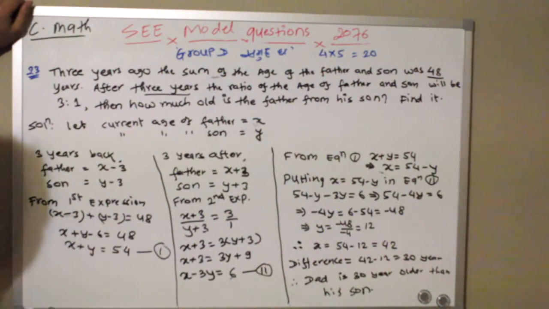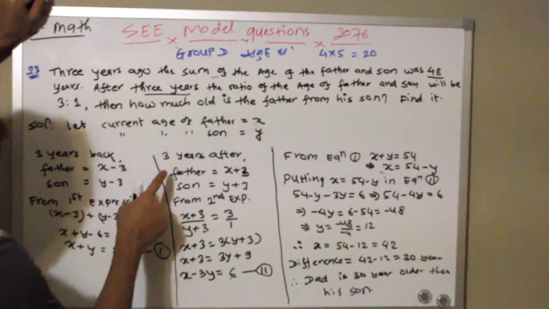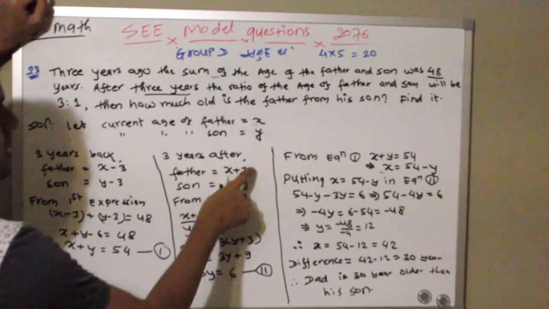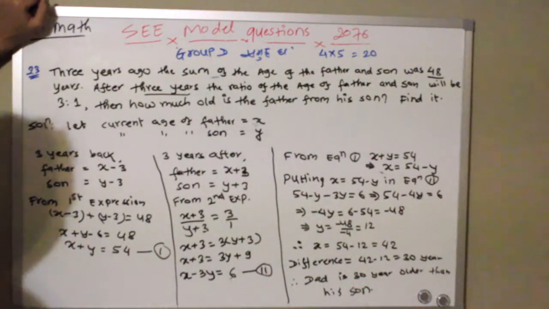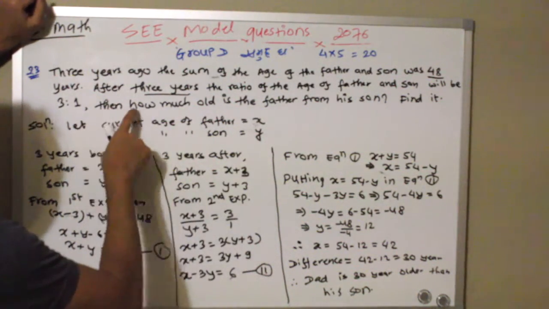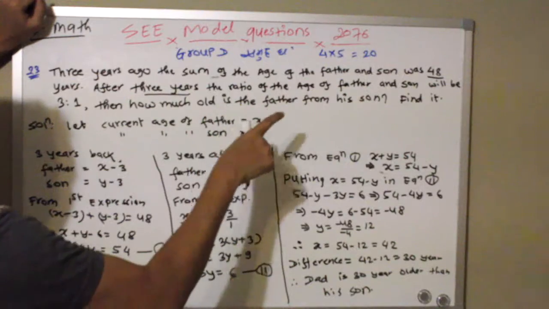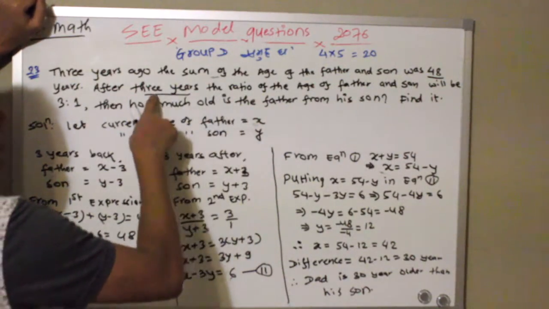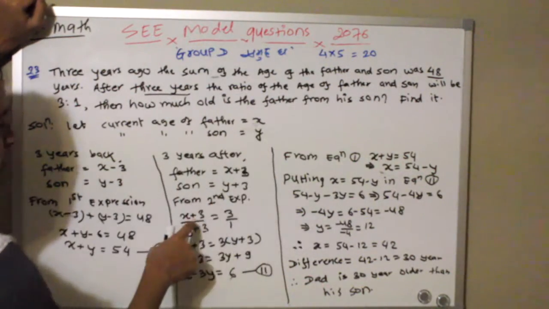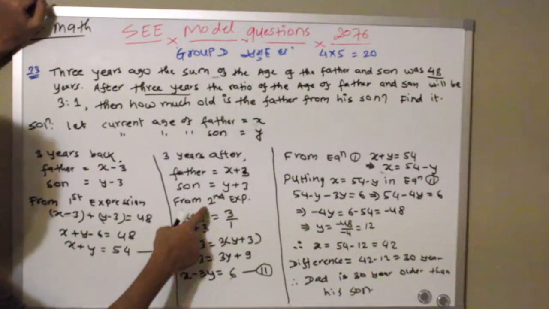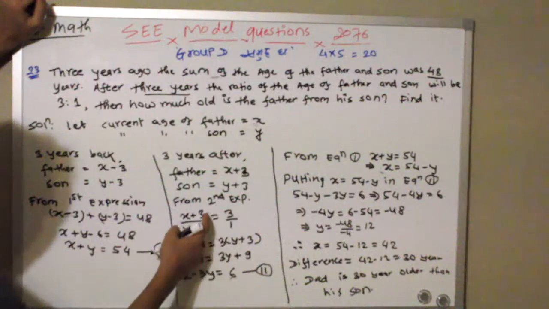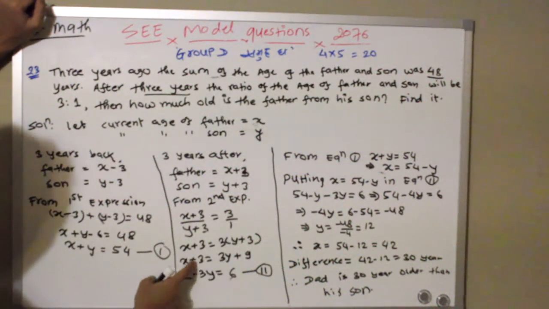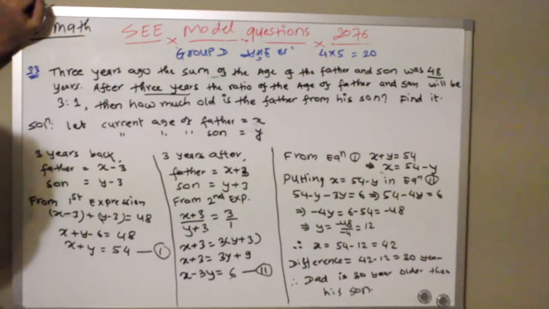After 3 years, the father will be x plus 3 and the son y plus 3. The question says after 3 years the age ratio would be 3:1. Then cross multiply and simplify to get another equation.